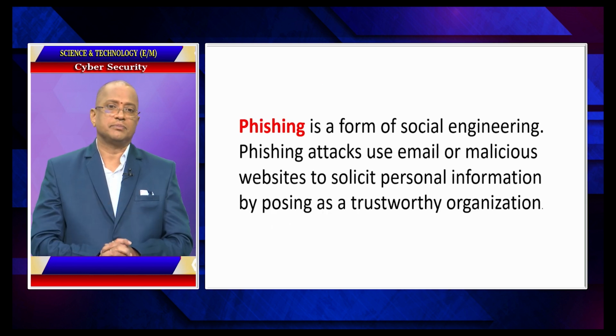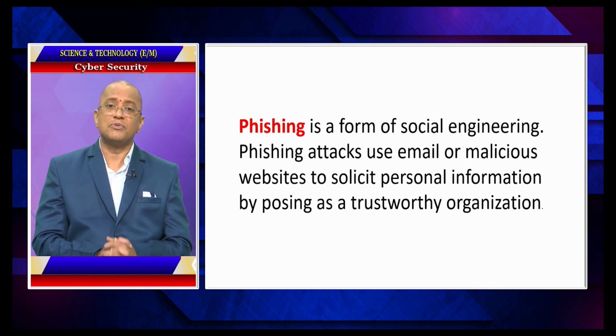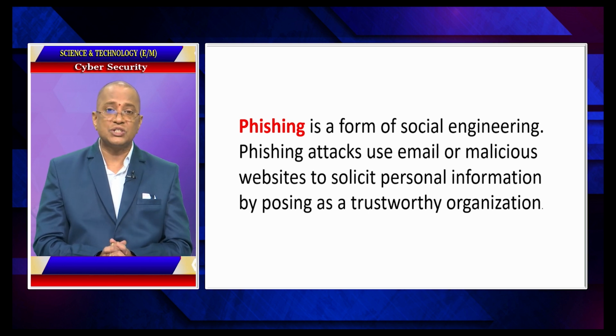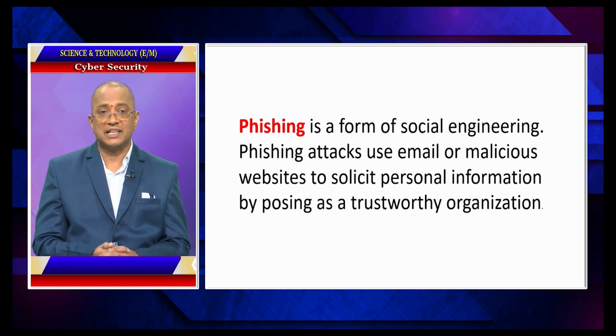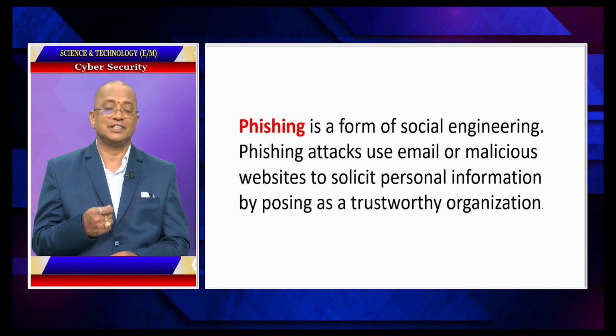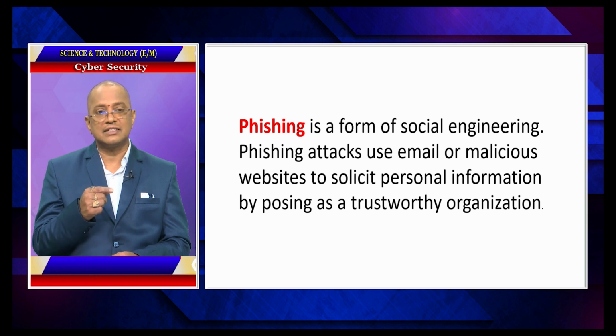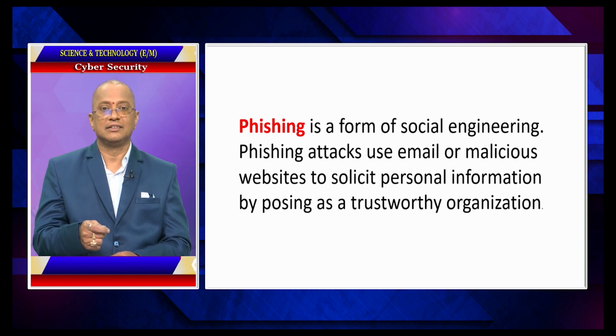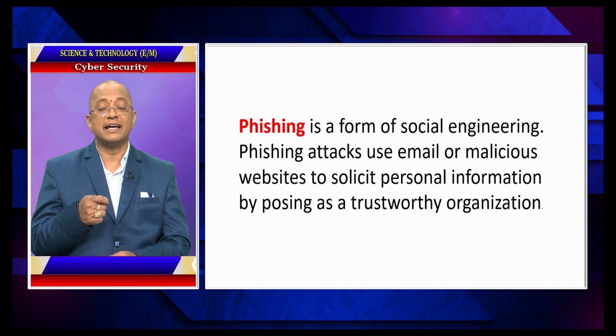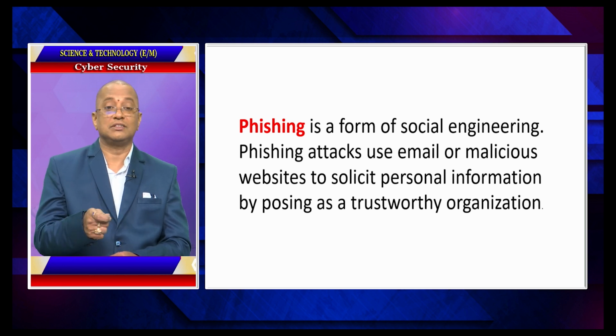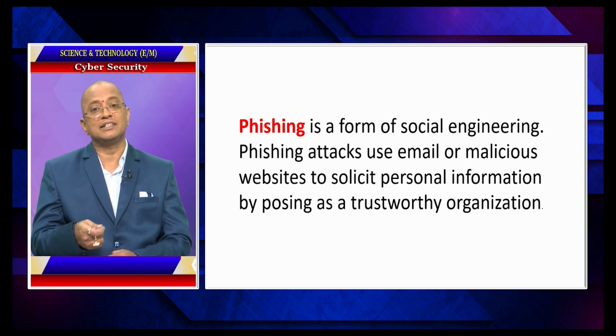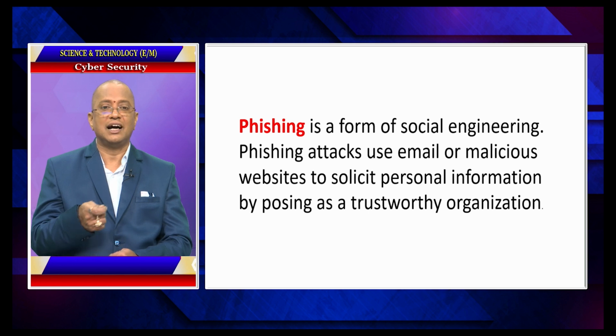Then what is phishing? Phishing is a form of social engineering. Phishing attacks use email or malicious websites to solicit personal information by posing as a trustworthy organization. So this is very important. They will send an email as a trustworthy organization. Then the people will feel that it's a trustworthy organization.